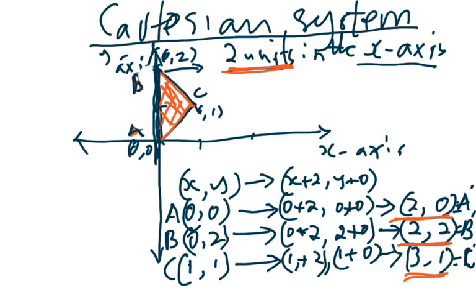So what is my image now? A prime becomes 2, 0. 2 units, 0 is that. That is my A prime. B prime is 2, 2. It's on the x-axis 2, upwards 2.